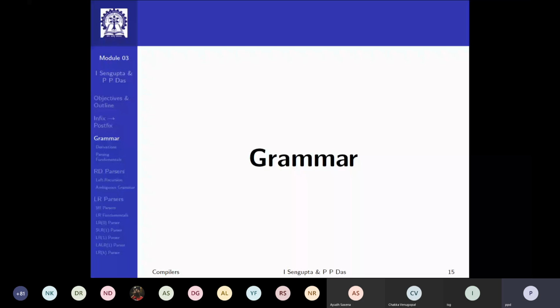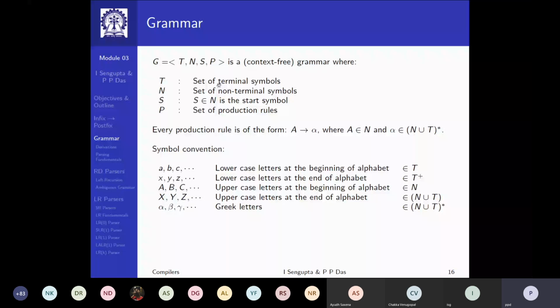So just to quickly recap, we looked at the basic structure of the context-free grammar: set of terminals, non-terminals, start symbol, and production rules, and some notational conventions which become handy to write grammar expressions quickly.